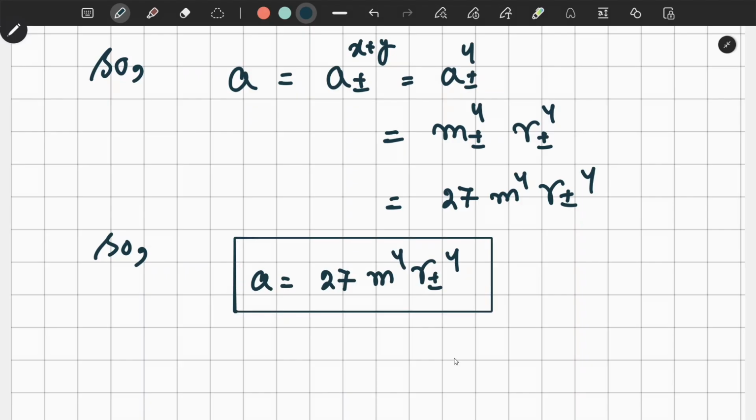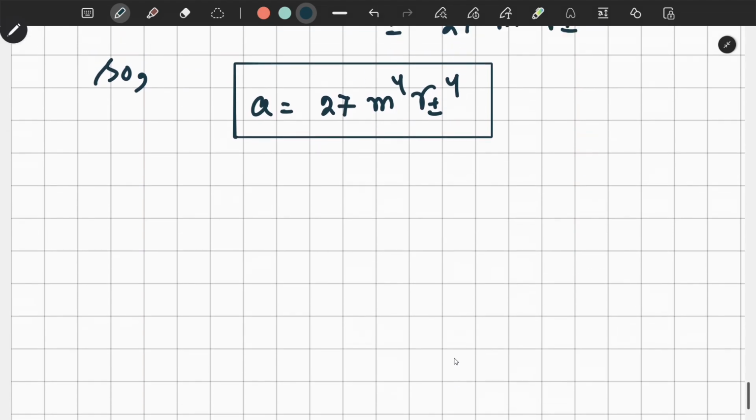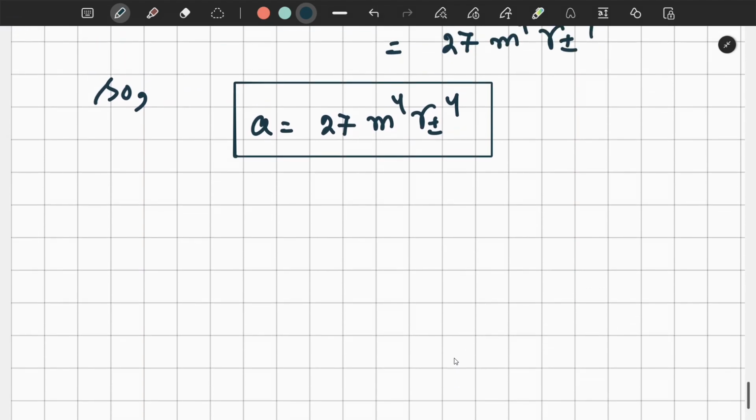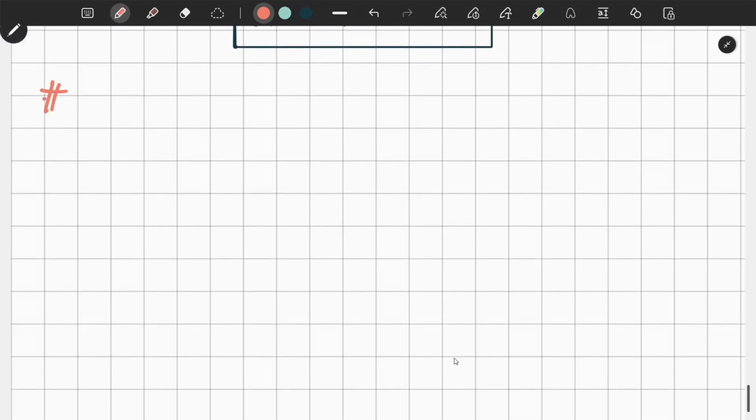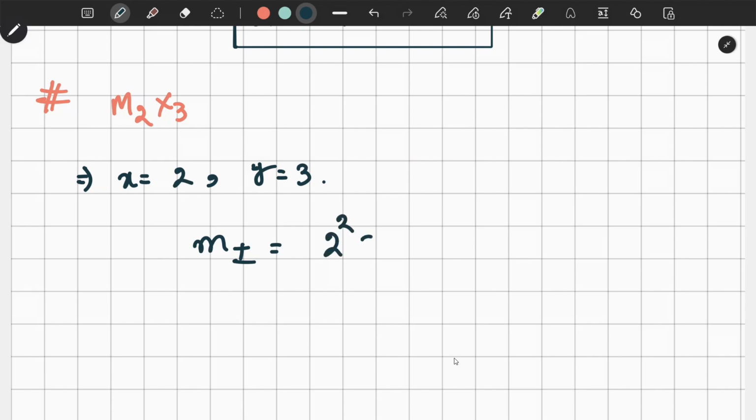Okay. Next one. X is 1 and y is 3. Sorry, x is 2 and y is 3. So 2 to the power 2, 3 to the power 3, whole to the power 1 by 5, into m.